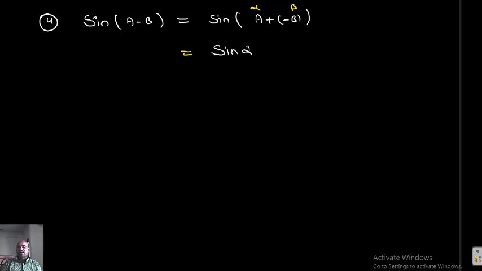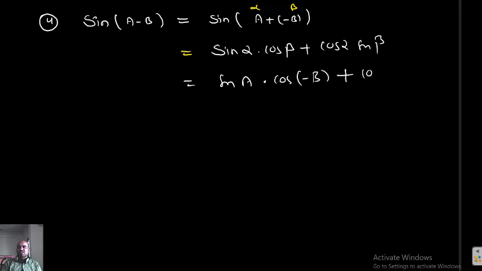Just now I proved that, sin alpha cos beta plus cos alpha sin beta. That is sin alpha means sin a, into cos beta means cos of minus b, plus cos alpha means cos a, into sin beta means sin of minus b.